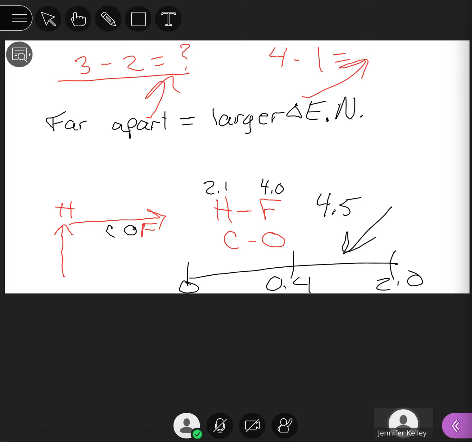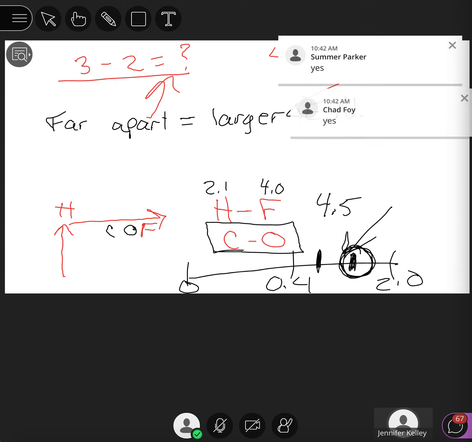And then you could do the same thing here and subtract carbon and oxygen and see where it landed. Let's say hydrogen fluoride lands here, and then carbon monoxide lands here. This one has a larger electronegativity difference. Does that make sense? Yeah? Okay.